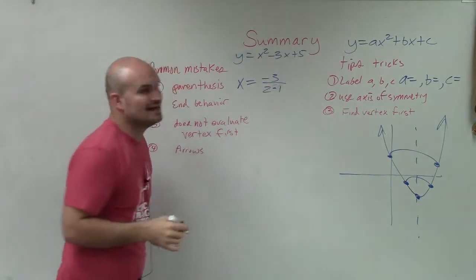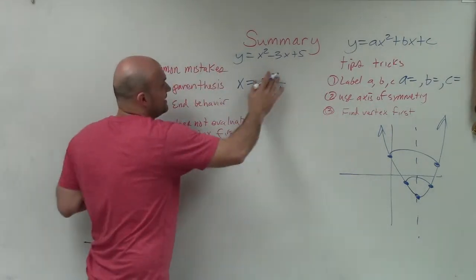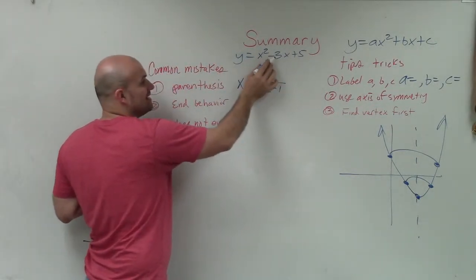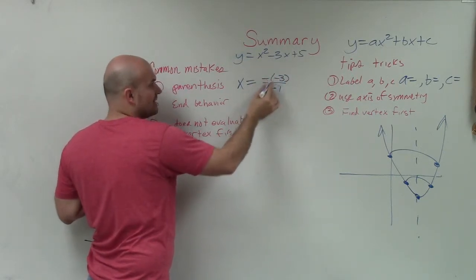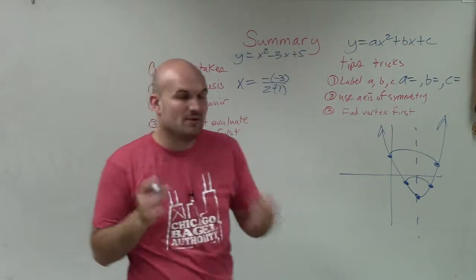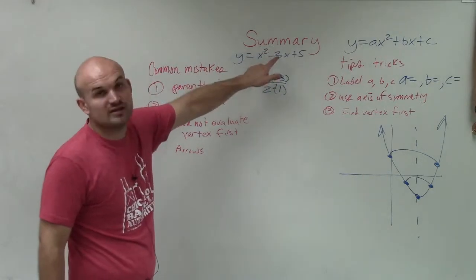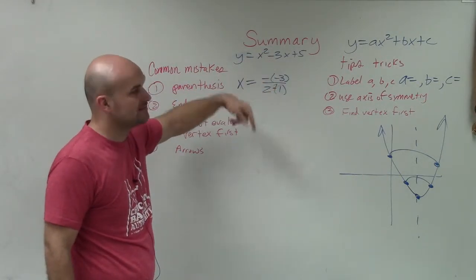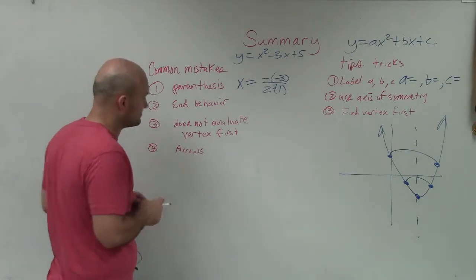No, it's not negative b. It's the opposite of b. So if b is negative 3, then it's the opposite of negative 3. We have to use the opposite sign. What I like to do to help prevent that is use parentheses. It's the opposite of b, so make sure you put in the full value of b, which is negative 3. This will help a lot, because that's a very common mistake.